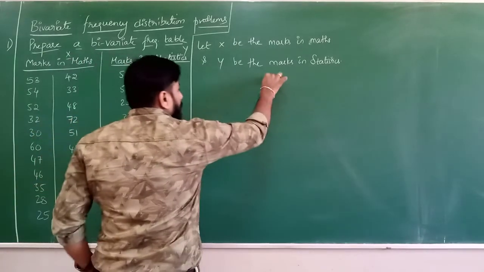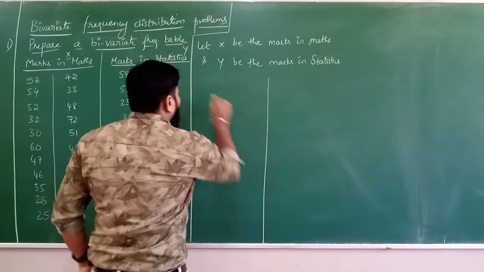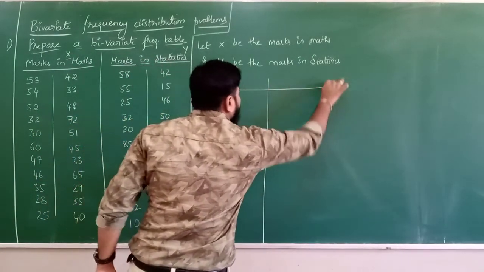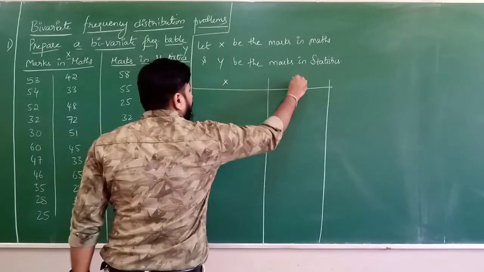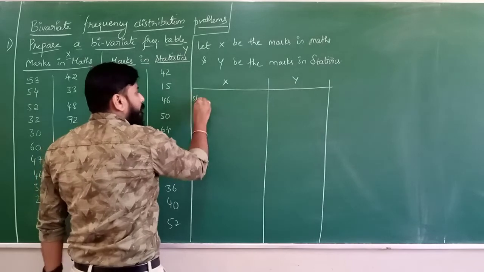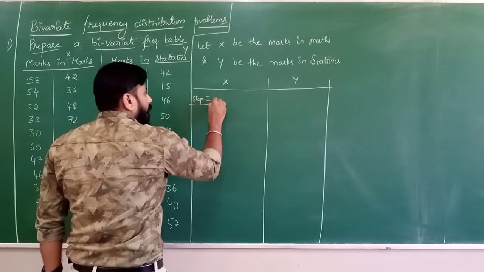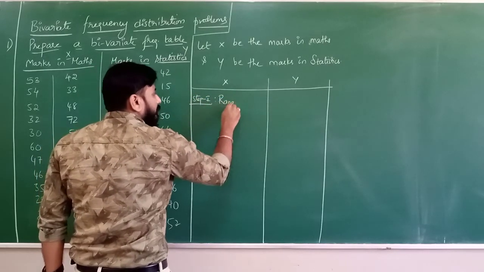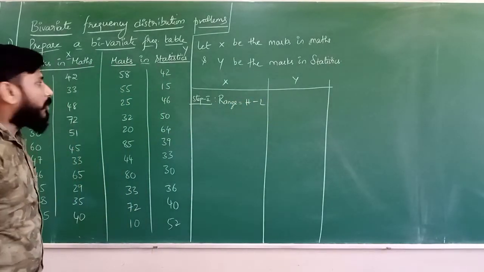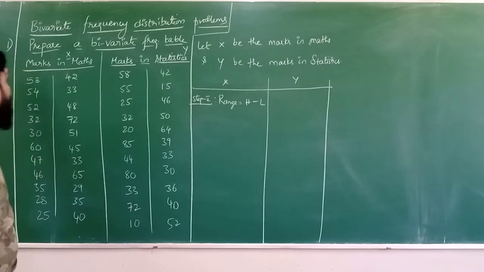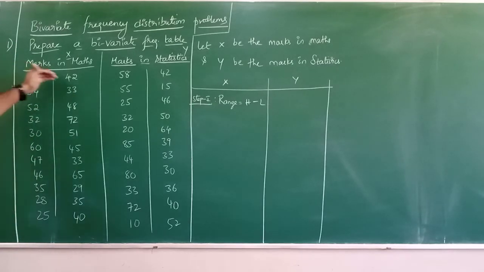Now bifurcate into two, x and y, and calculate step by step. Step 1, finding range. You all know that range is highest minus lowest. Among the x variable, that means marks in maths, which is the highest value? You just verify.